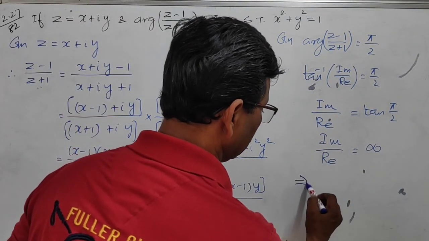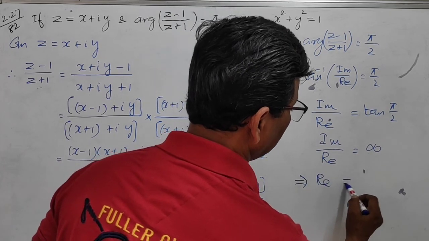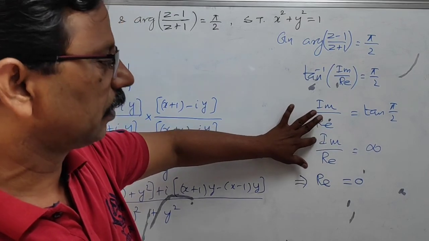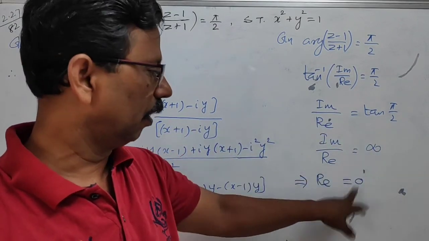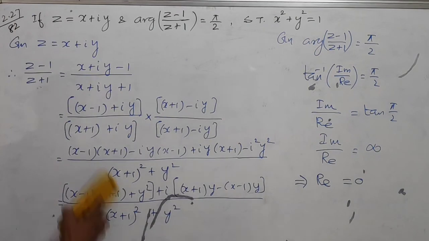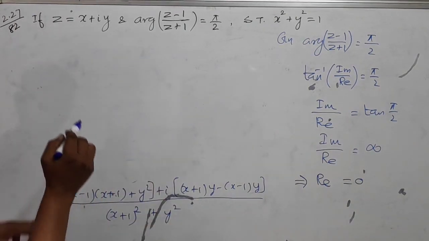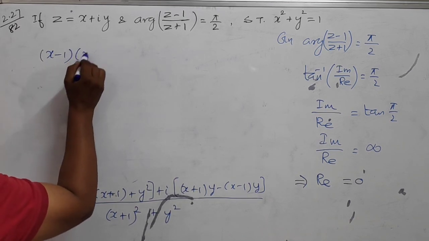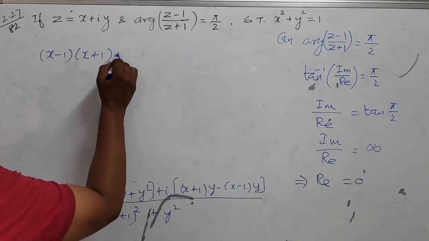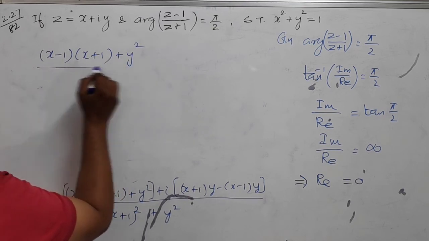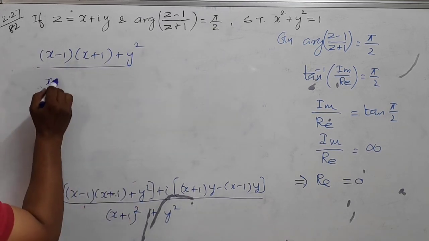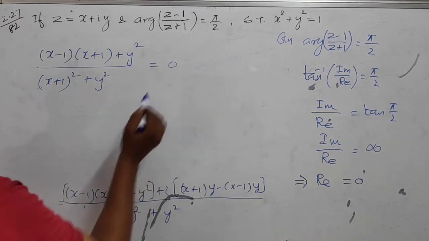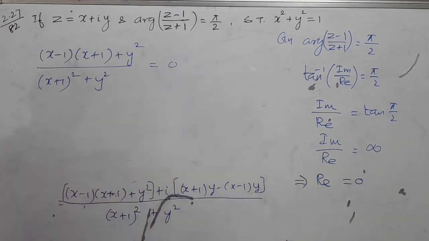This implies the real part must be equal to 0. Then only, whatever be the imaginary part, you will get the indeterminate form. Therefore, you can write real part equal to 0. This real part is (x minus 1) into (x plus 1) plus y square, by (x plus 1) the whole square plus y square, equal to 0, meaning if the denominator goes to that side, that also becomes 0.